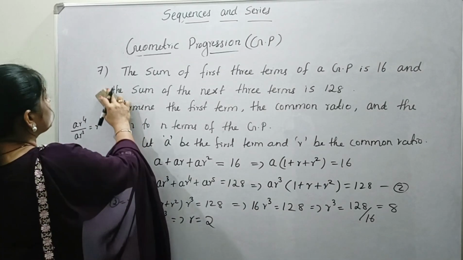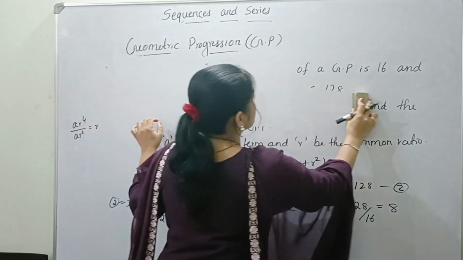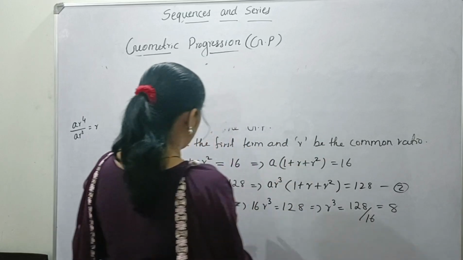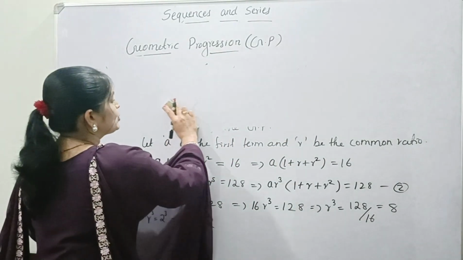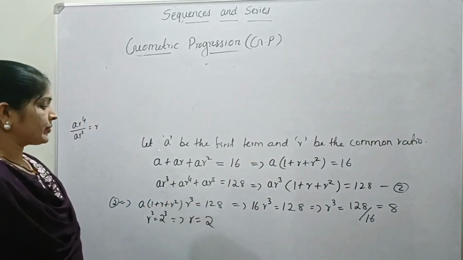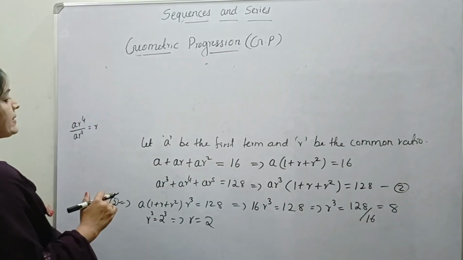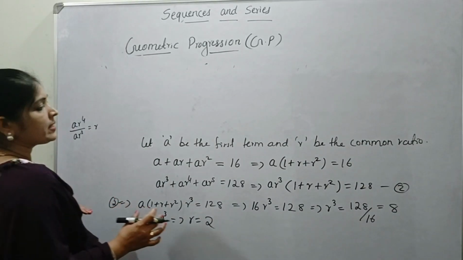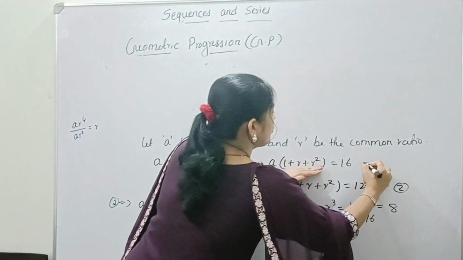Okay, our question is to find the first term, common ratio and sum to n terms of the GP. Here we have got the common ratio, that is 2. Next we will find the first term. We can substitute r is equal to 2 in equation 1.